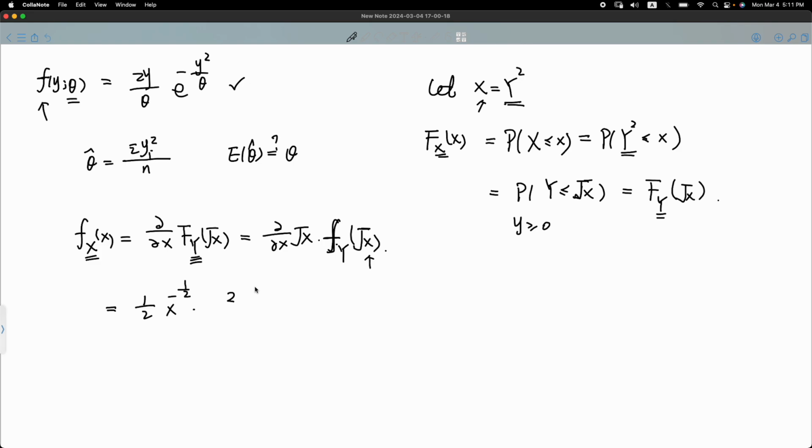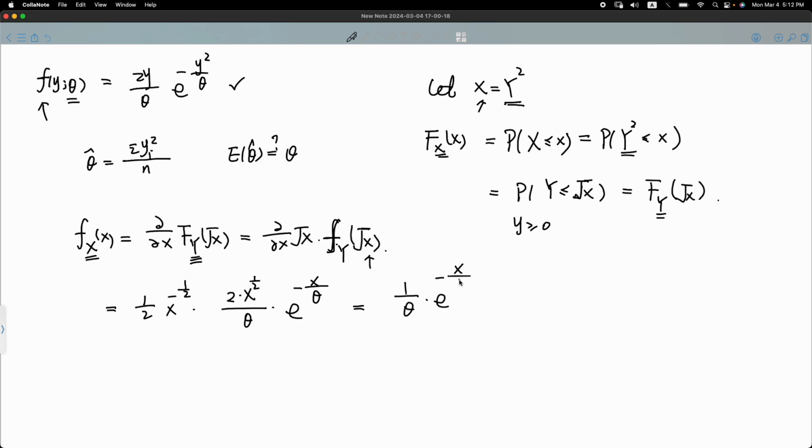We can write it as 2 multiplied by x to the power of 1/2, over theta, times the exponential of negative x over theta. Then you can further simplify, and you will end up with this form here.